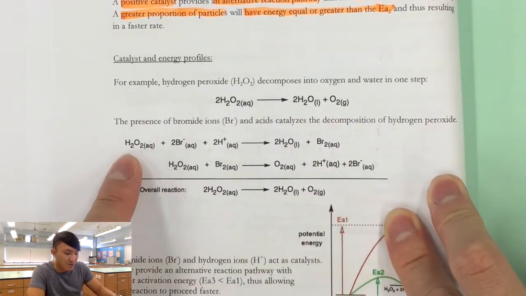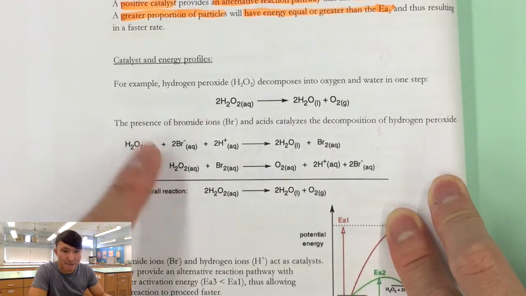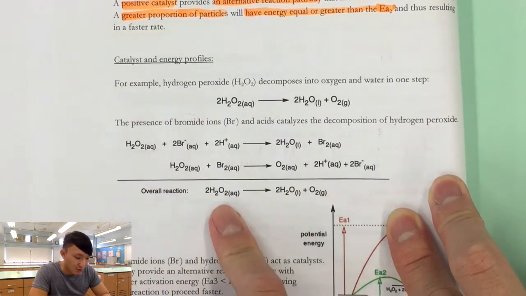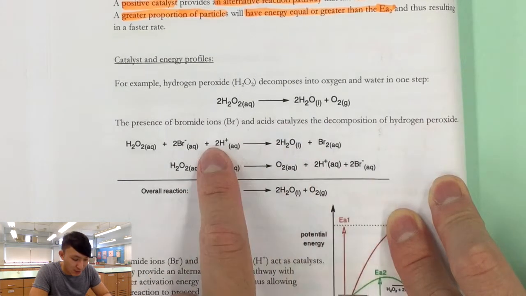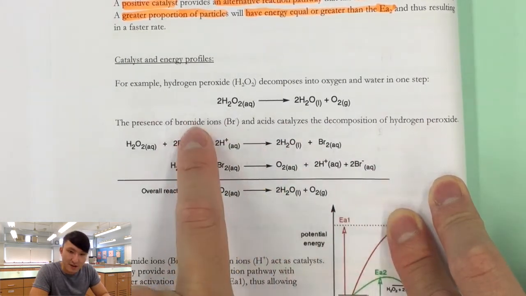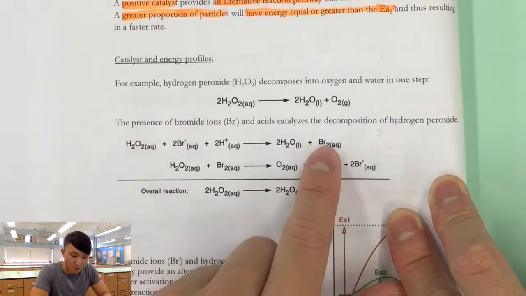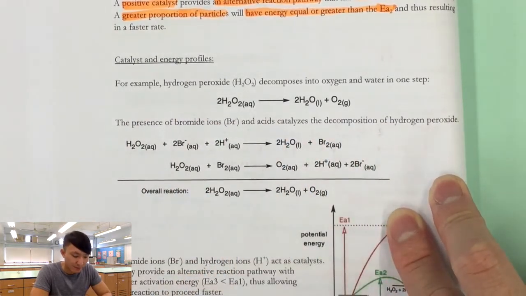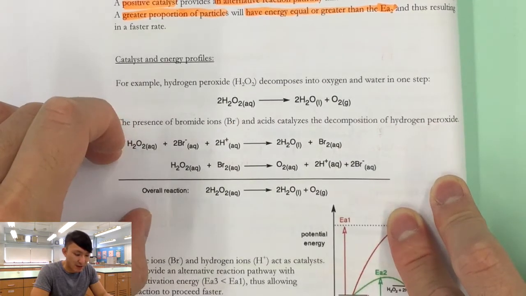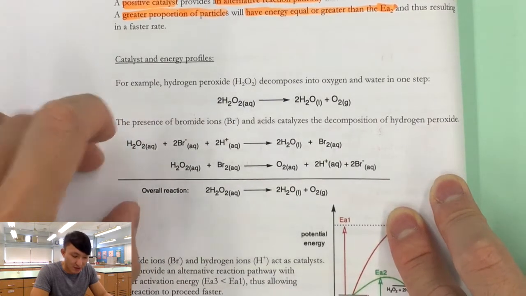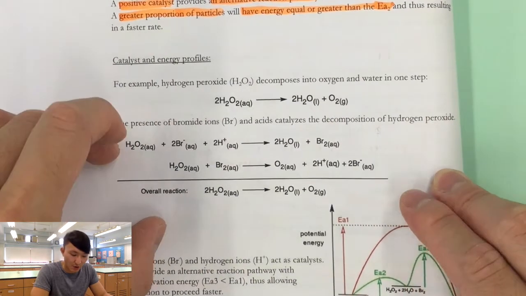So you see now the reaction takes place in a two-step mechanism, leading to the same product. You notice that the bromide, H+, can all be cancelled out at the end because they are the catalyst. Also the bromine can be cancelled out. Okay? Now, the second step, the second reaction pathway is faster, so you can tell the activation energy is lower.